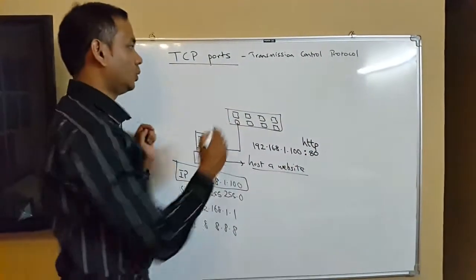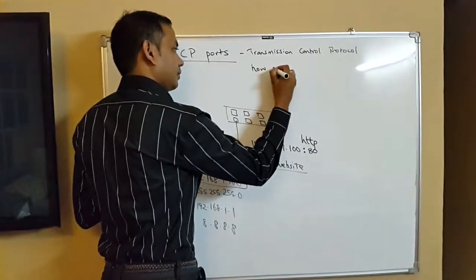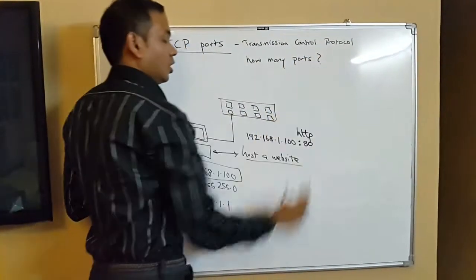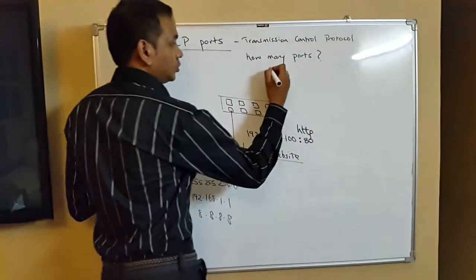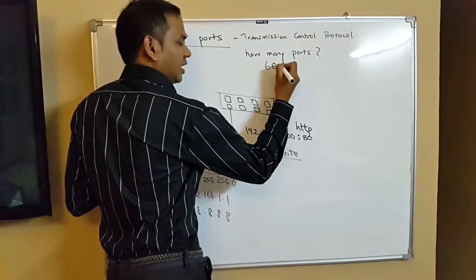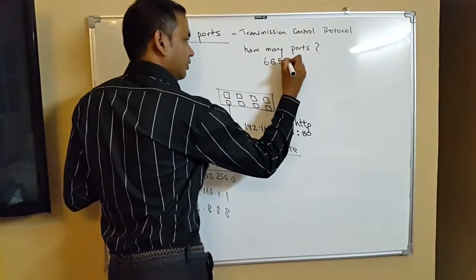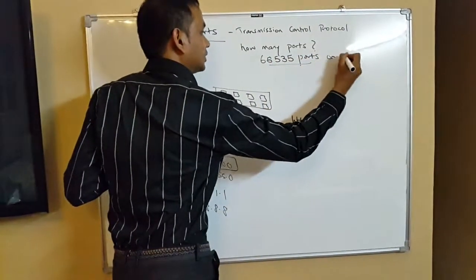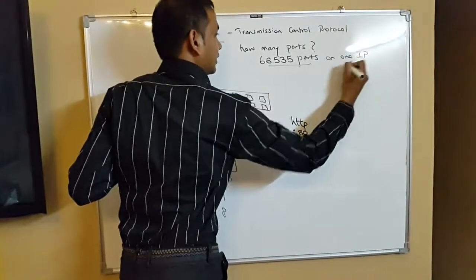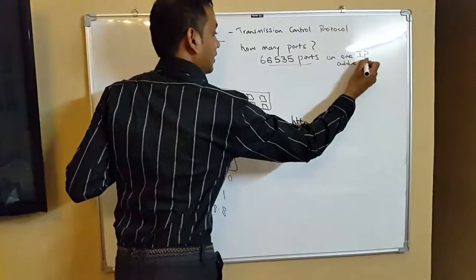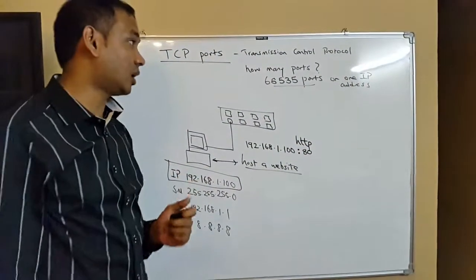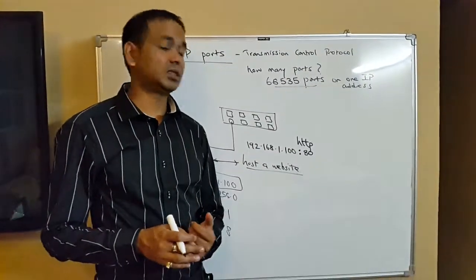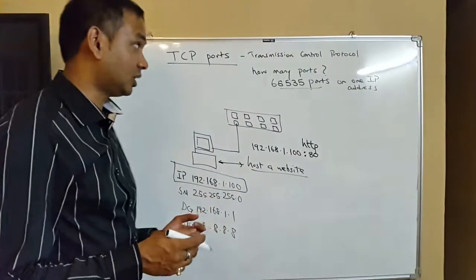How many ports do we have? You can open up to 65,535 ports on one IP address. There might be 65,535 ports that can be opened on one IP address.